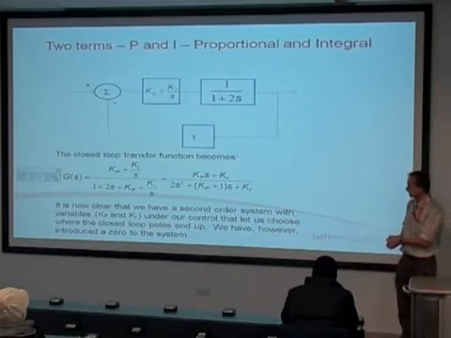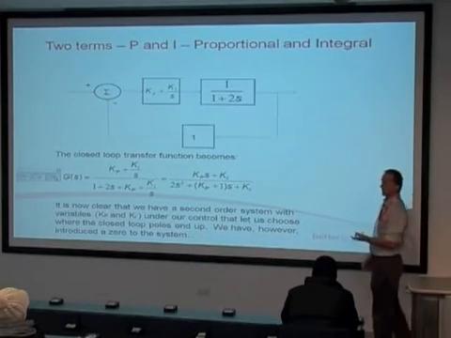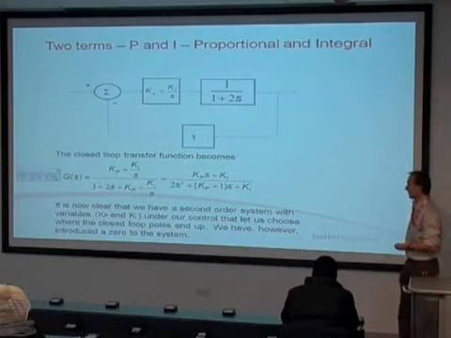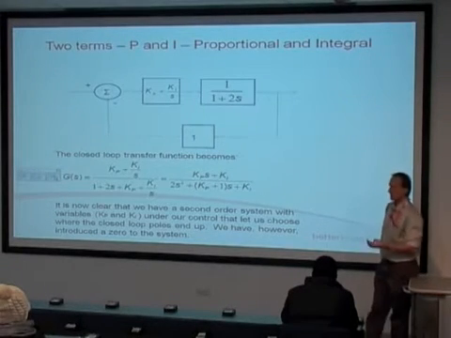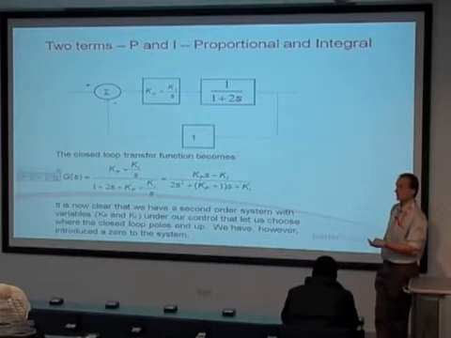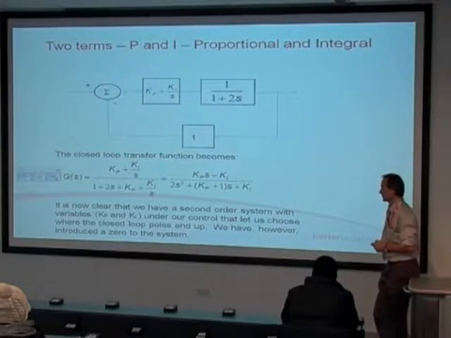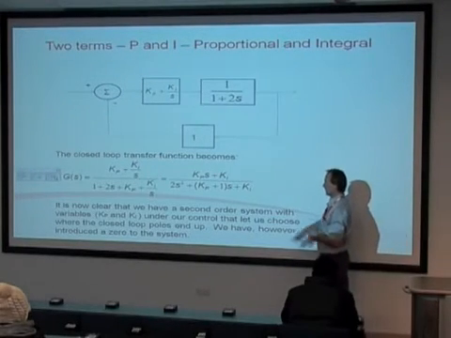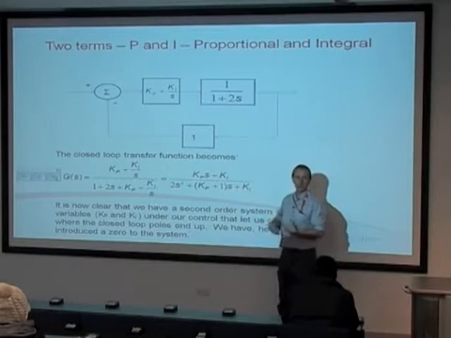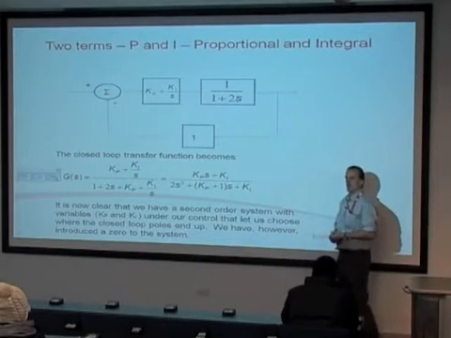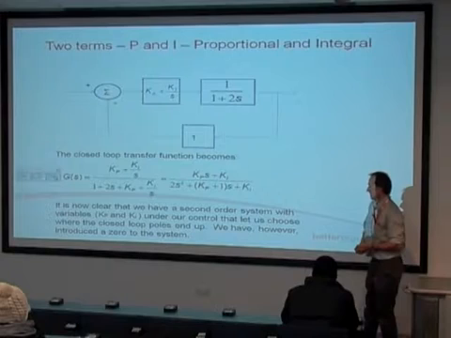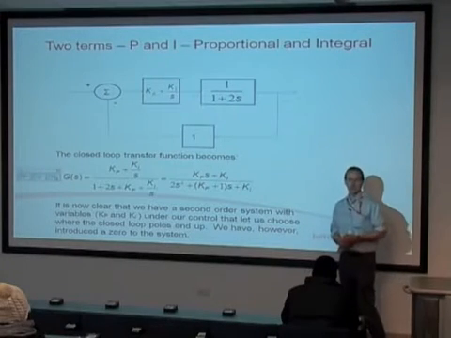So it's now clear we've got a second order system in the closed loop with variables Kp, proportional gain, and Ki, integral gain, both of which are under our direct control. And that lets us choose where the closed loop poles end up. In other words, we've got control over omega n and zeta. We have, unfortunately, introduced a 0 into the system.